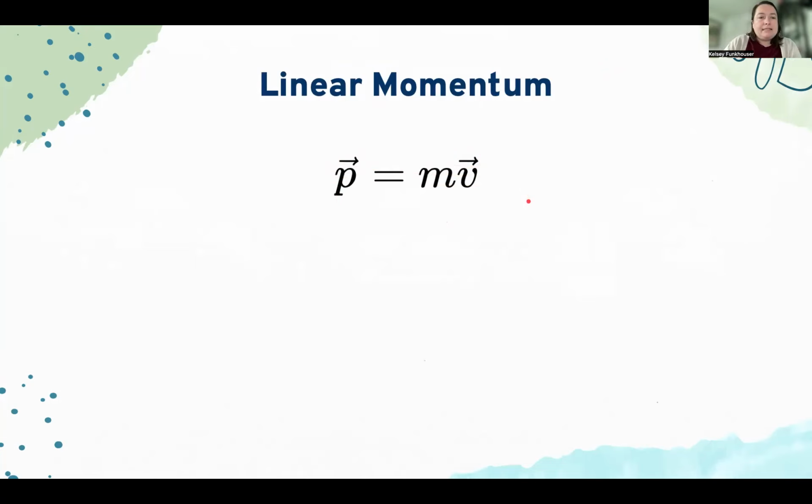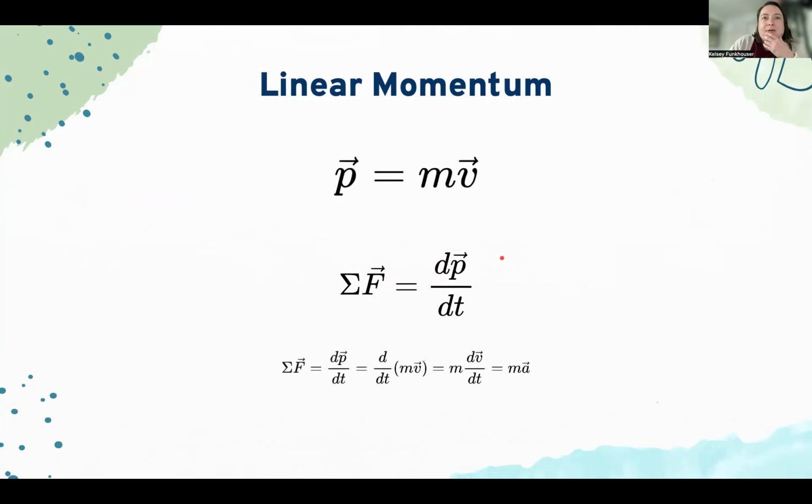And we can see here this relationship between the net force and the change in momentum over time. So this actually comes from Newton's second law, but we can see where that comes from.